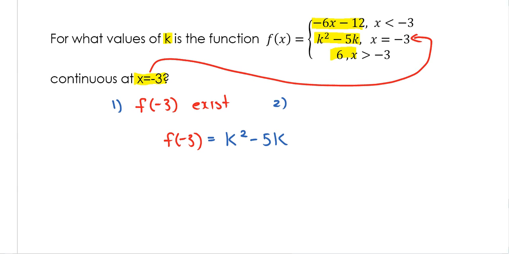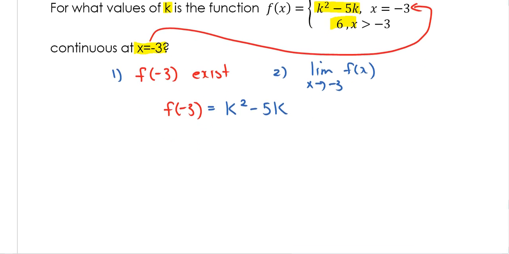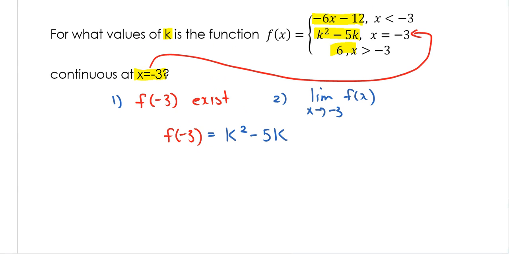Condition number 2 of the continuity definition was: does the limit as x approaches -3 exist? Okay, so for this part right here, we need to set up our limit statements for the left-hand side and the right-hand side. So going back to my piecewise function here, I can see that this part right here is going to be my left-hand side, and this one over here is going to be my right-hand side.